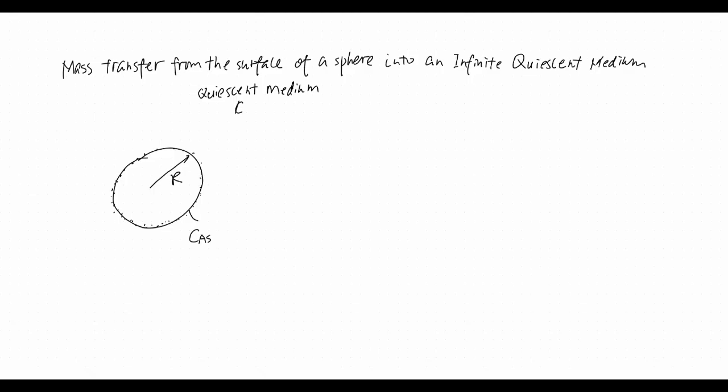The infinite means the medium is infinitely large, and this concentration refers to the concentration far away from the sphere. It just means it's a background concentration before diffusion happens. Or you can just understand it as the value at infinity. Okay, that's the problem. So we are going to study this as a steady state situation.